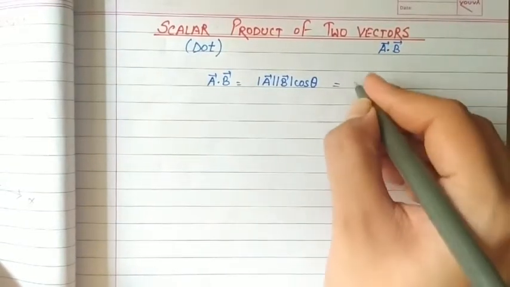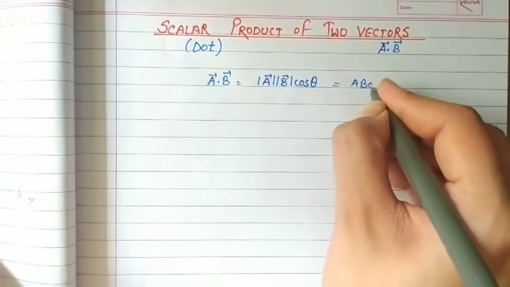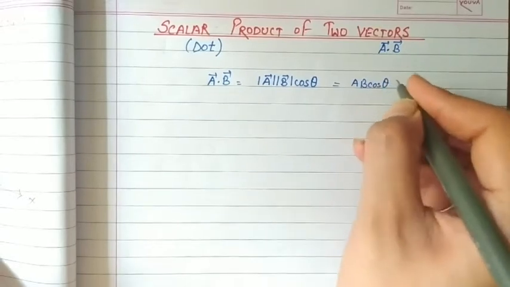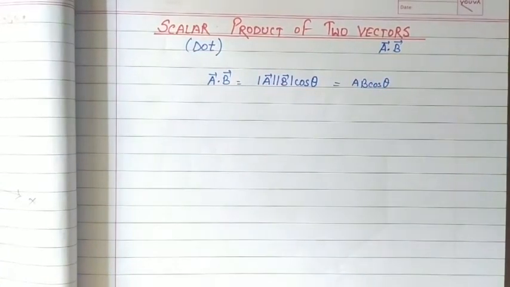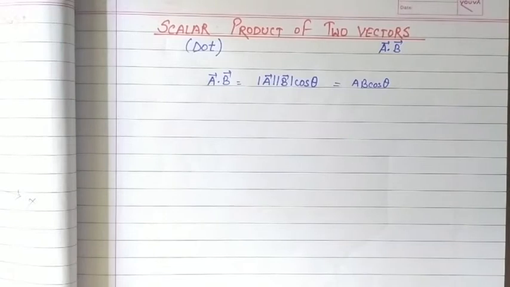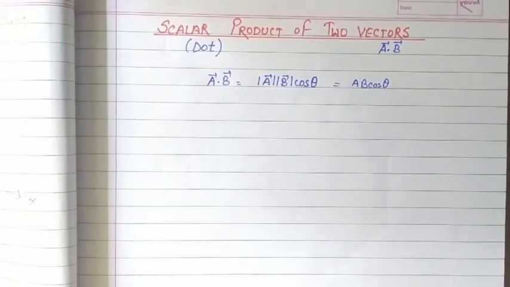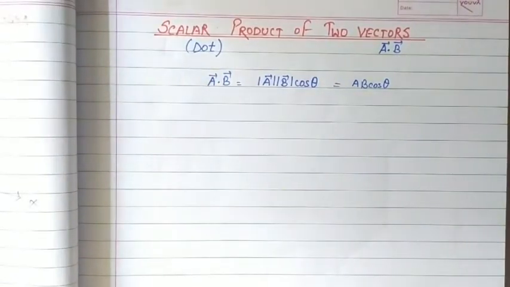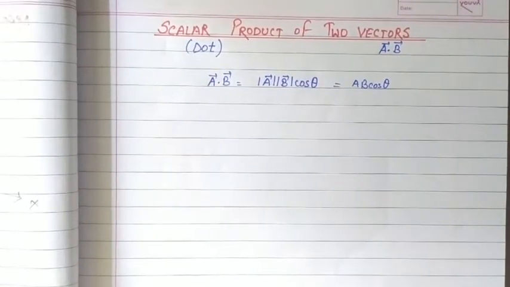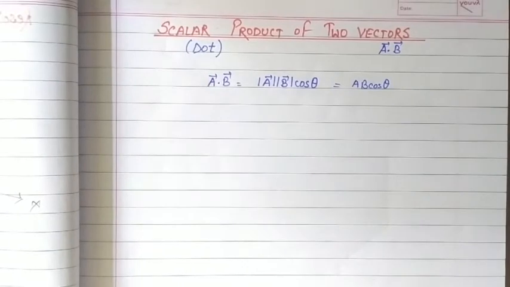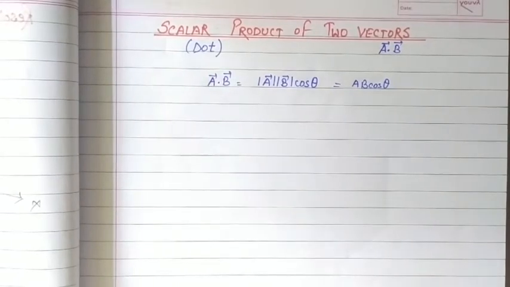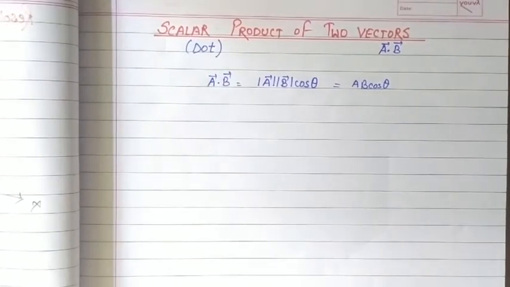We can also write it as AB cos theta. That means magnitude of A into magnitude of B into cosine of angle theta, where theta is the angle between the given two vectors whose product we are taking, and this is called the scalar product of the two vectors. In the answer we do not have any direction.